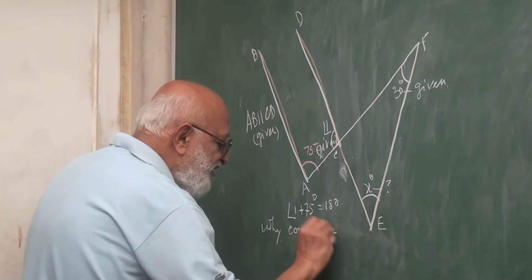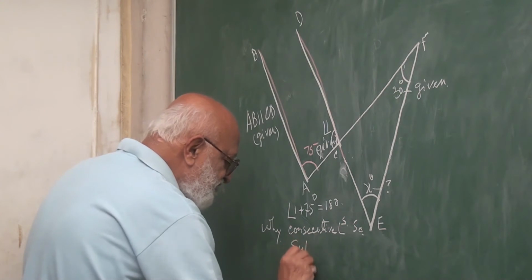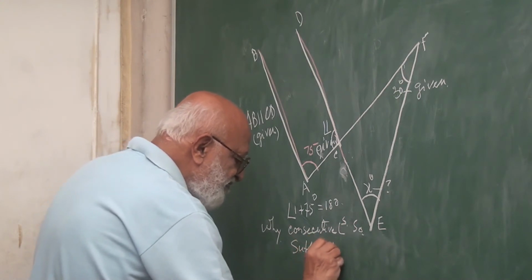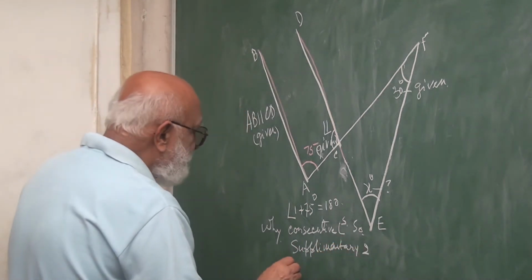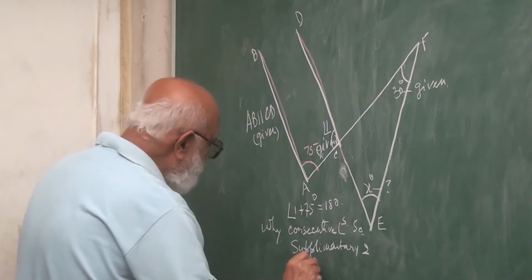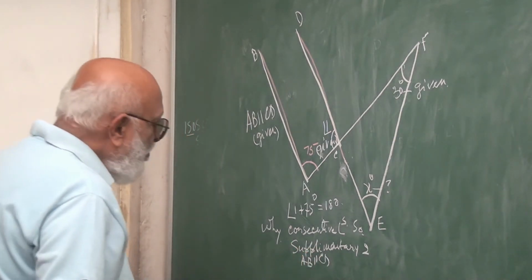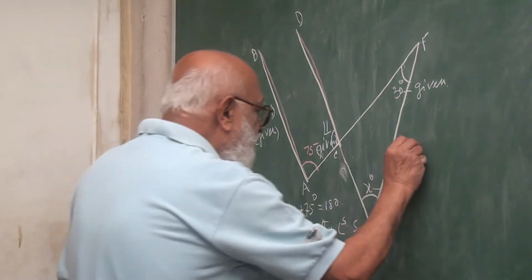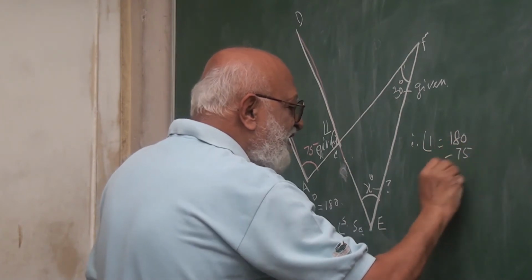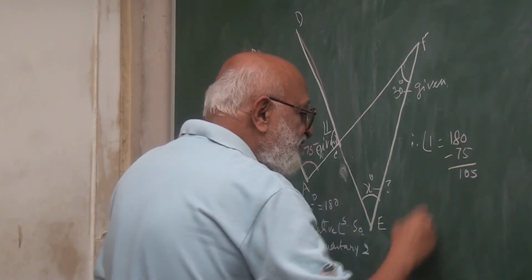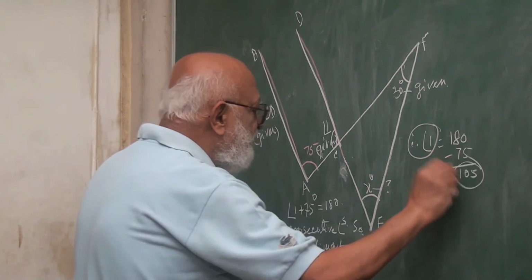Consecutive angles, so supplementary, and AB is parallel to CD. Therefore, angle 1 is equal to 180 minus 75, that is 105. Agreed? So I know angle 1 is 105.